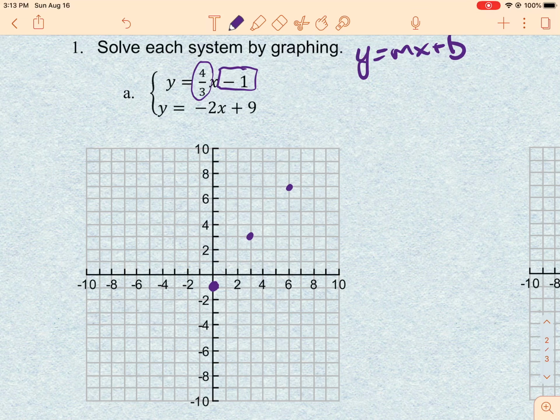We would go in the opposite direction, going down 4 and to the left 3. So 1, 2, 3, 4, over to the left, 1, 2, 3, down 4, 1, 2, 3, 4, and over to the left 3. We would connect those dots all the way through and include arrows.